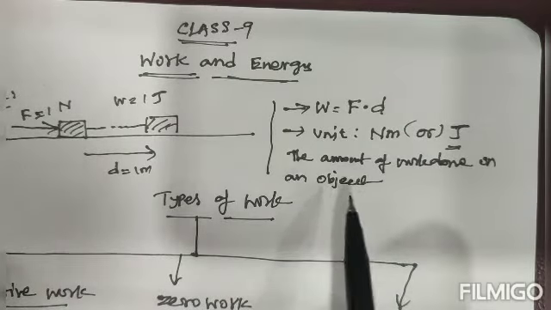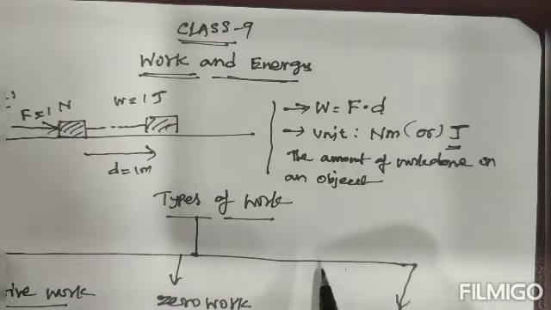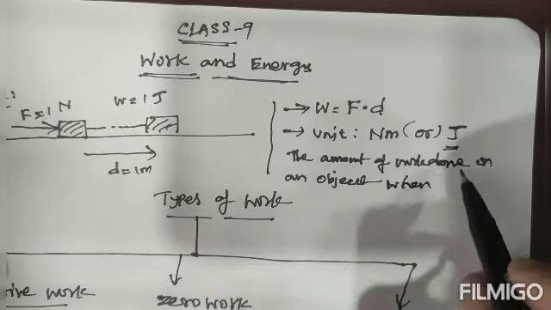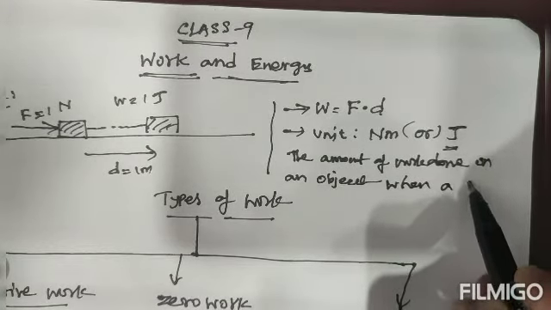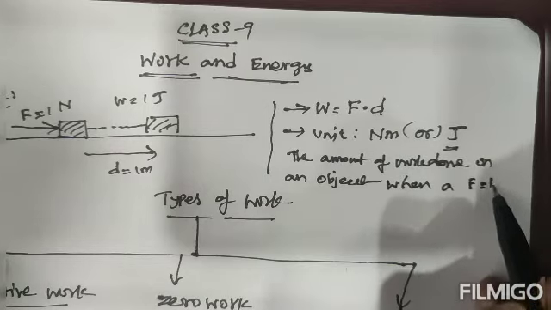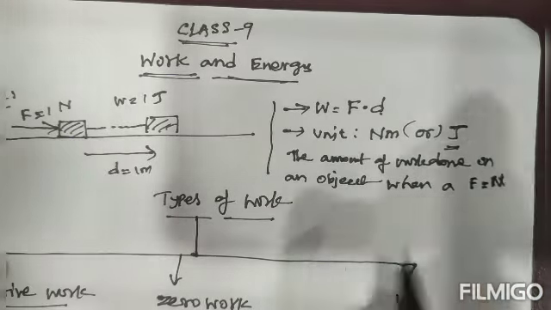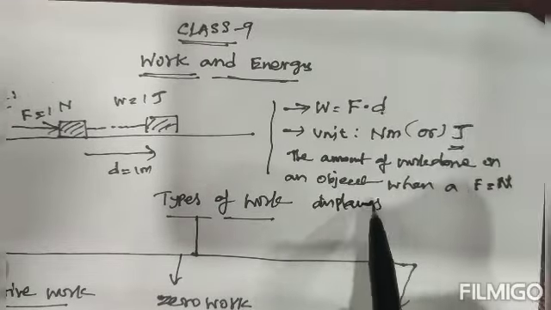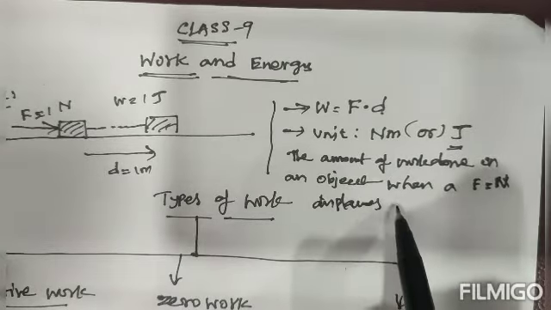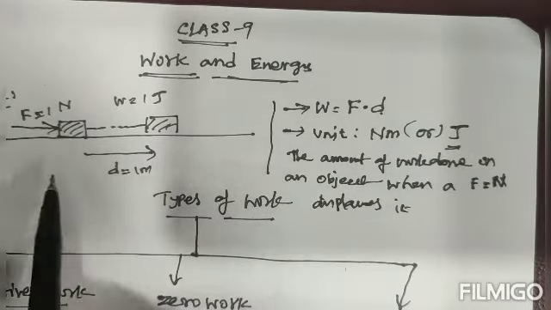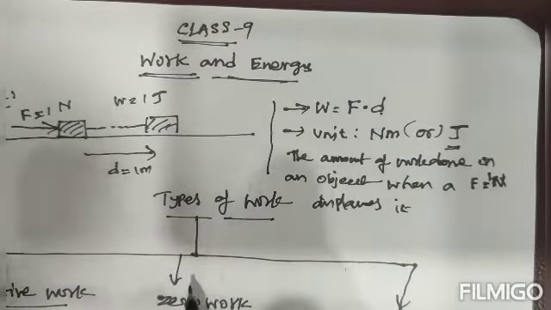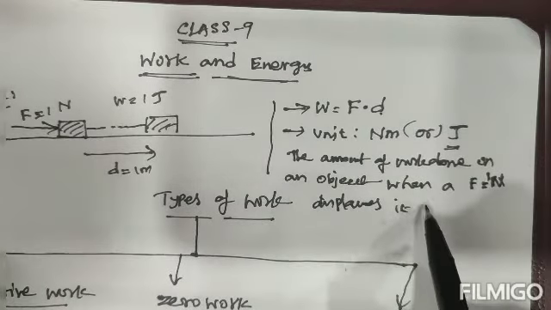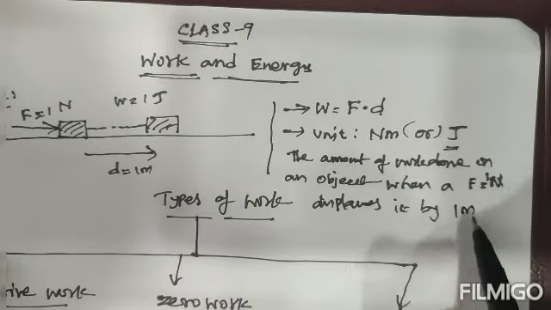So now I can write as a definition: the amount of work done on an object when a force of 1 Newton displaces it. While we apply a force of 1 Newton on the object, due to the 1 Newton, that object will be displaced by 1 meter.